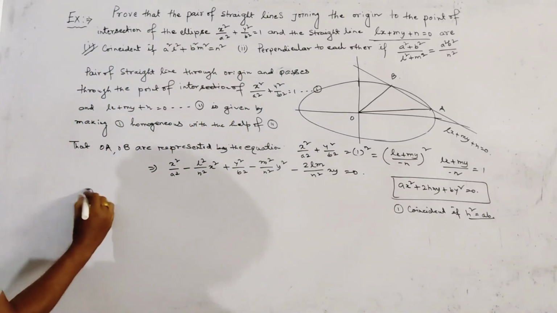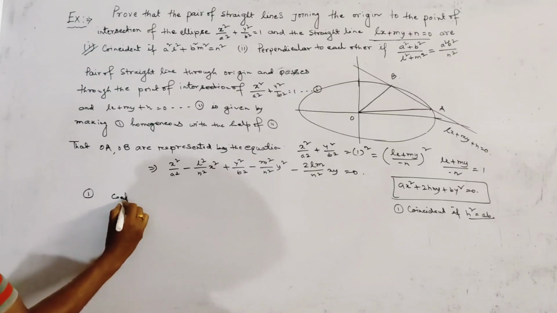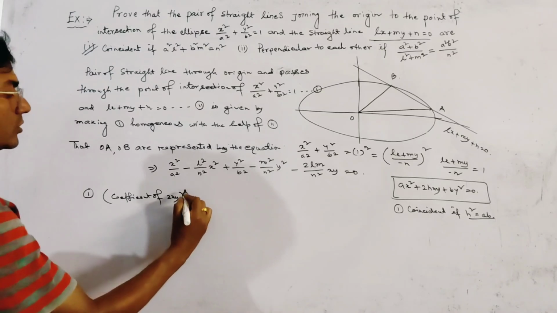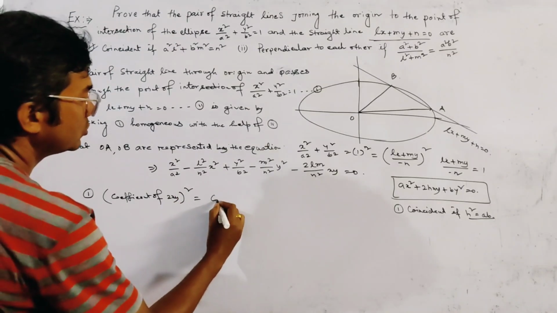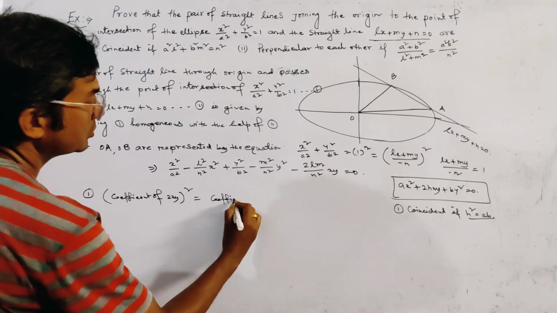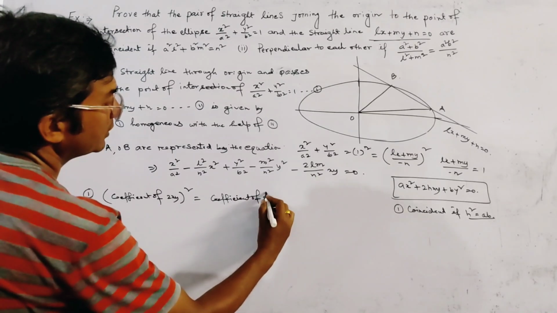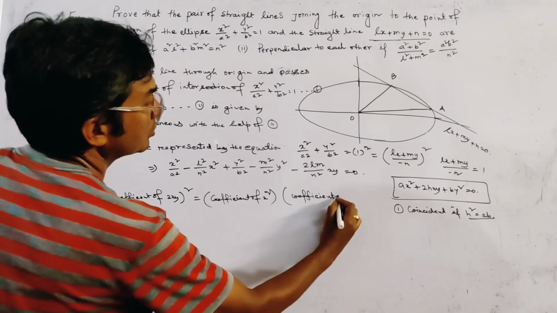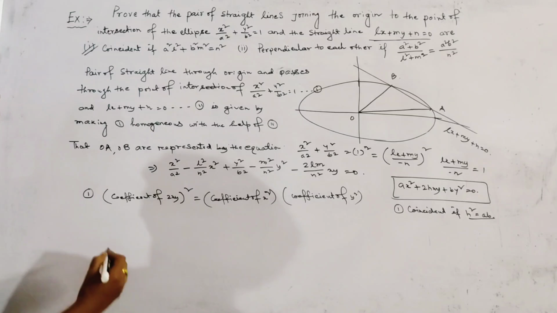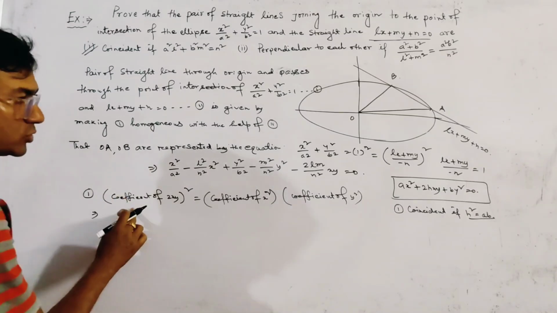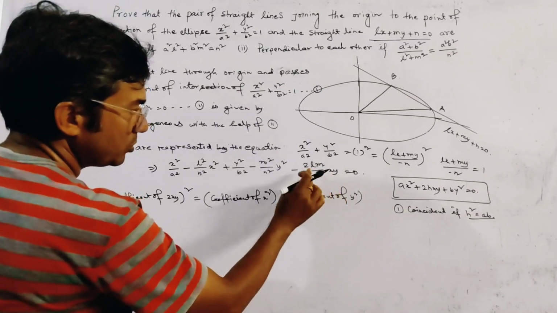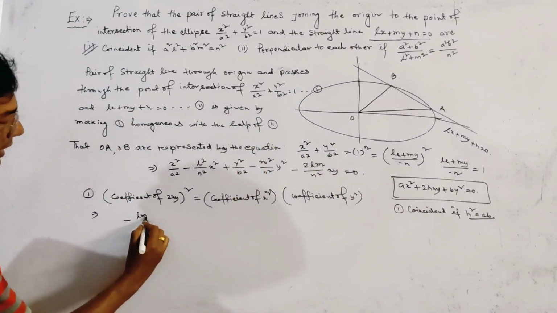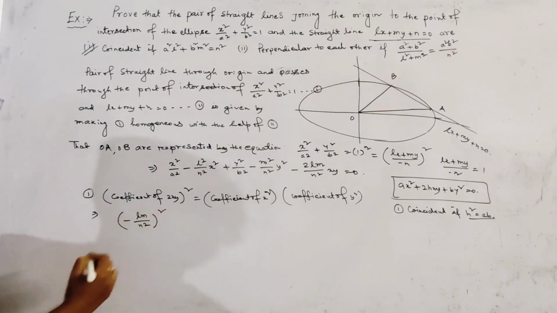So as the condition of coincidence we get (coefficient of xy) whole square equal to coefficient of x square into coefficient of y square. And here the coefficient of xy is minus lm by n square, so we get minus lm by n square, this square.